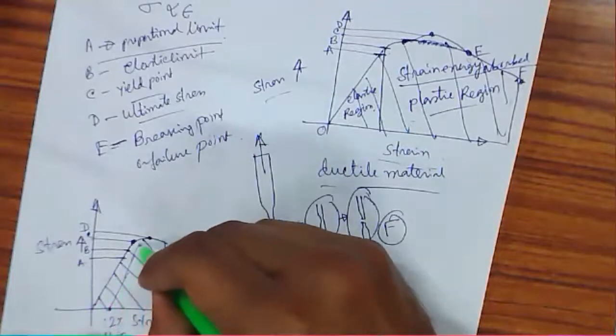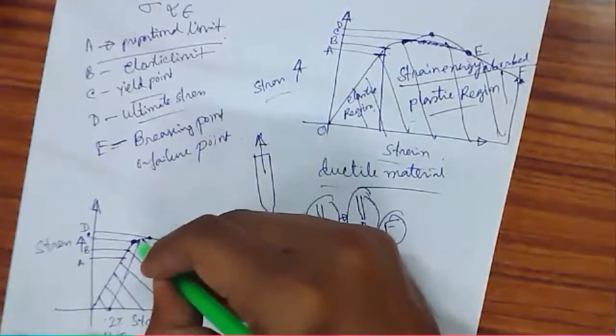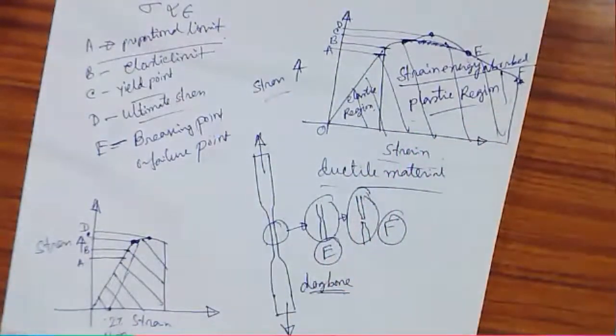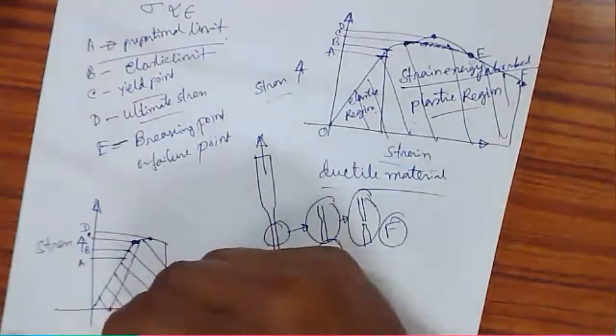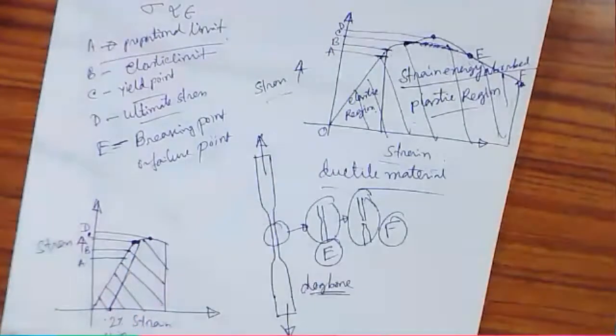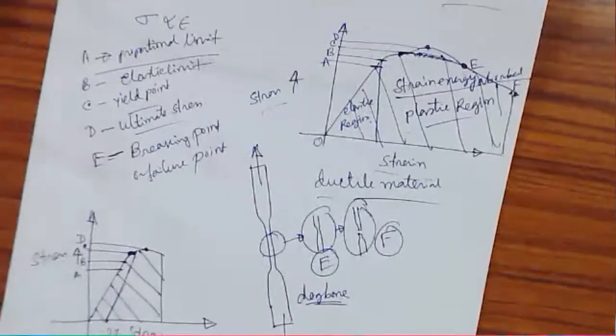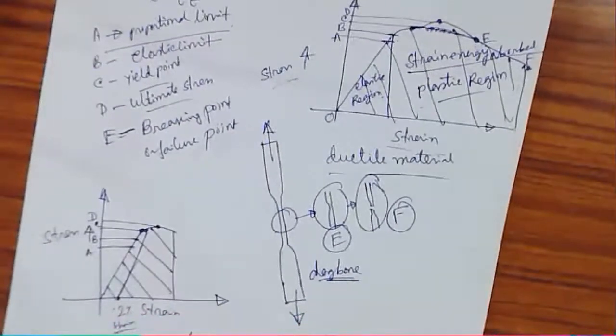Wherever it touches, that point will be the yield point of that brittle material, and that is the useful value of the brittle material. Beyond this yield point, we will never load the material. That will cause a risk of breaking or failing while the operation is going on. That will be an accidental risk. So that's why we cannot load beyond the yield point.